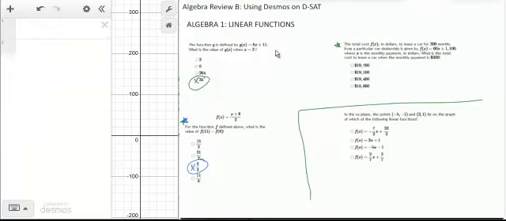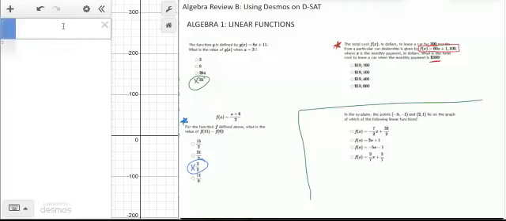This last question here over to the right. You have to read it first. When you're looking at it, you see you have a given function, and you're told that x does represent the monthly payment. And so really this is just another way of asking you to evaluate this function when x is equal to 300.